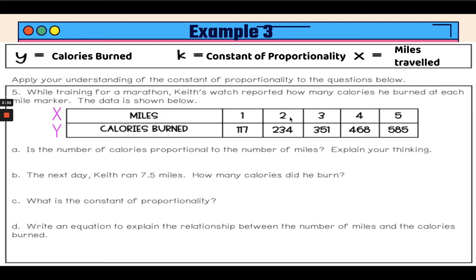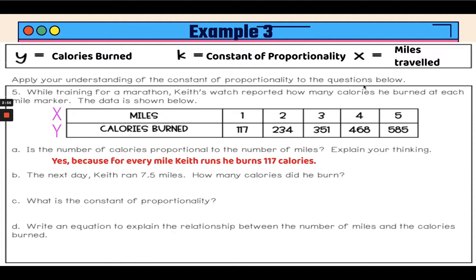So if I do 2 times 117, do I get 234? Yes. 3 times 117. Yep, works there. So is this a proportional relationship? Yes, because every mile he runs, he burns 117 calories.